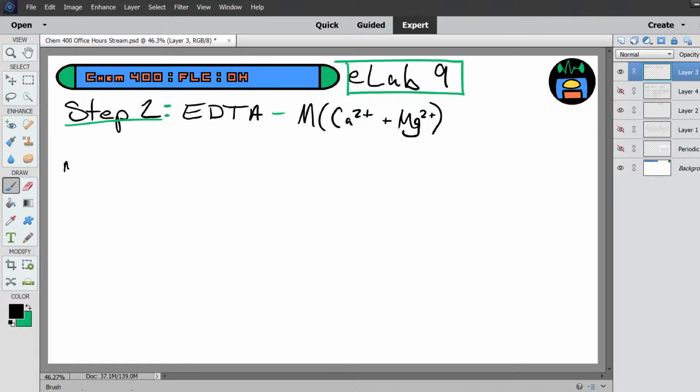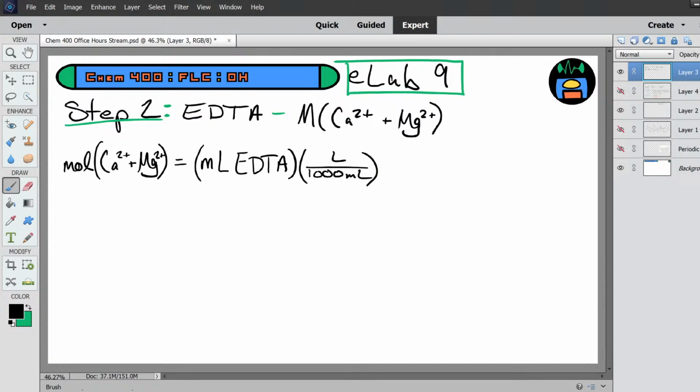So first, to get the moles of calcium and magnesium, both of them together, first we take the volume of EDTA solution, which is measured in milliliters, and you have to convert from milliliters to liters.